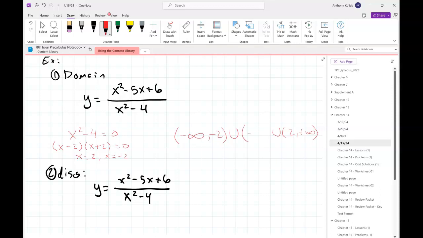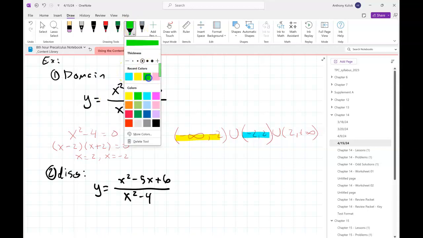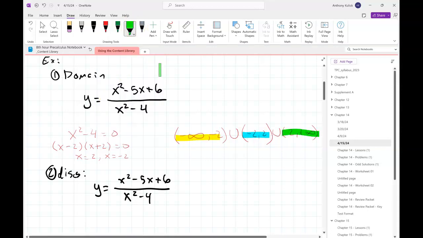Yeah, there you go. So again, think about it as everything other than -2 and +2. So you need the stuff less than -2. That's there. You need the stuff between -2 and 2. That's there. And the stuff bigger than 2, that's the stuff there, right?